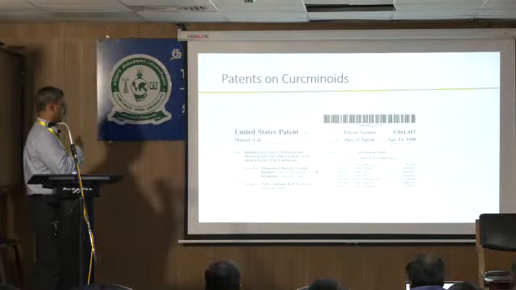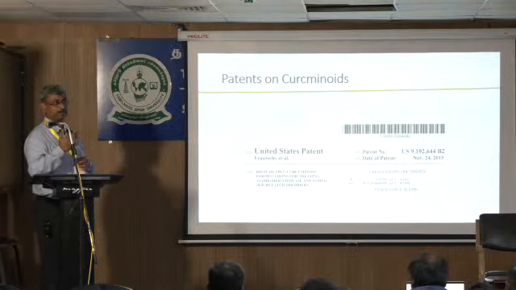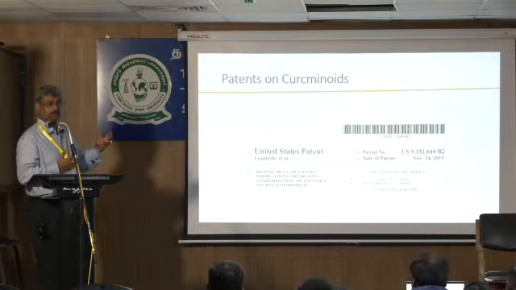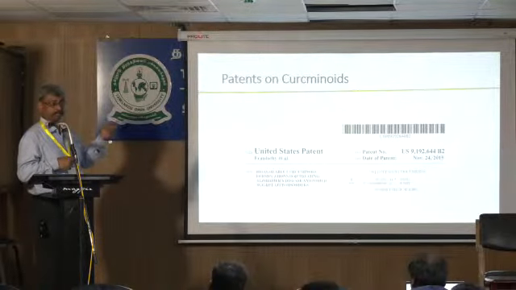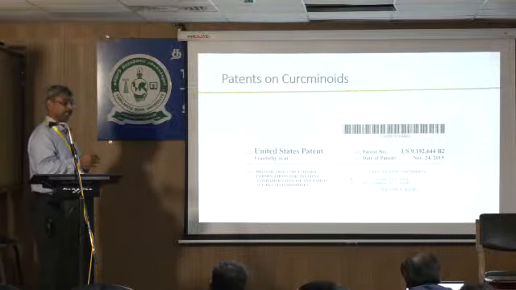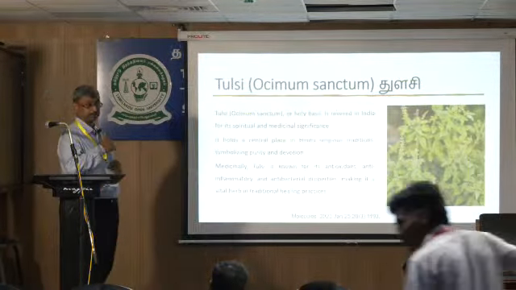The important thing that we have to understand is that our medicinal plants, our herbs, are taken by some foreign countries and turned into medicine for our own use. And this is the reason why we should be very cautious about our own herbs, and we should be working on our own medicine, developing it further and also patenting it, so that we will not allow others to take it.